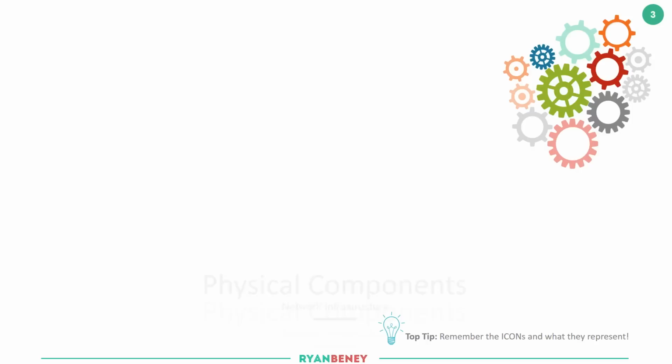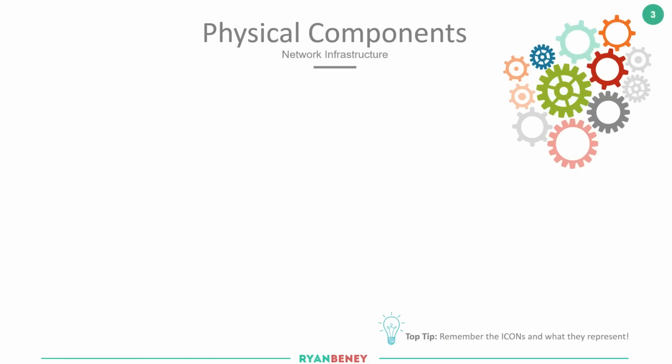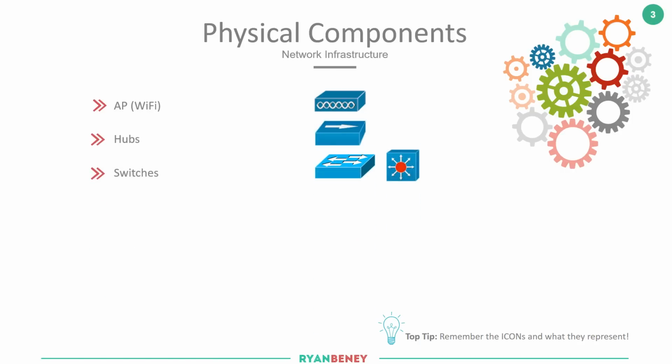Okay, now moving on to our next section, which is the networking infrastructure. Here we have access points, hubs, switches, firewalls and routers.